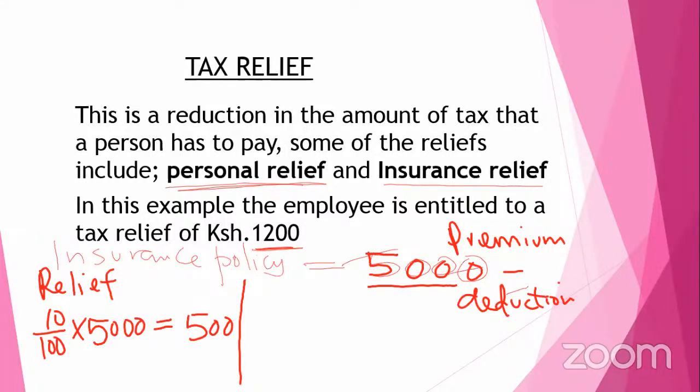So there are two numbers here. There is 5,000 and there is 500. The 5,000 becomes a deduction. The 500 becomes a relief. So when I will be calculating my reliefs, I will talk of personal relief plus insurance relief to get my total reliefs.